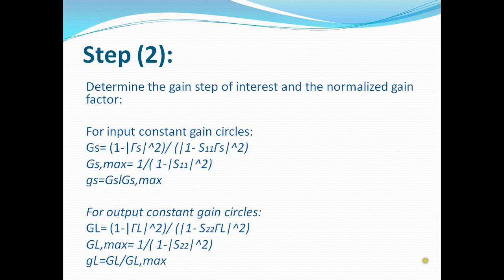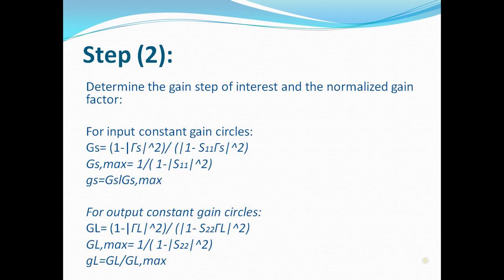For input constant gain circles, we find out the gain of the source by applying the formula seen, and we find out the maximum gain of the source by applying also the formula seen, and then we find the normalized gain factor, which is G small s, equal to GS divided by the maximum GS.